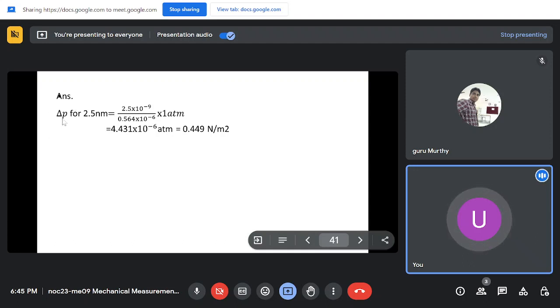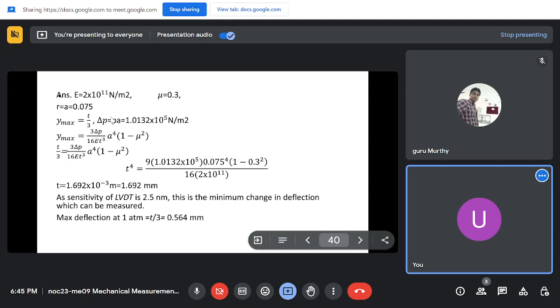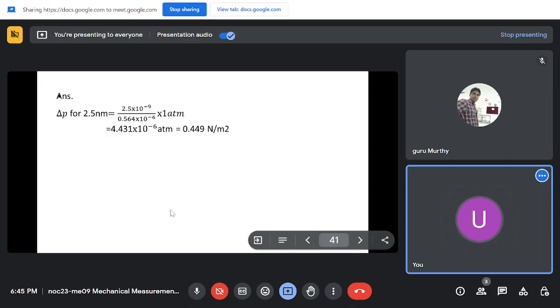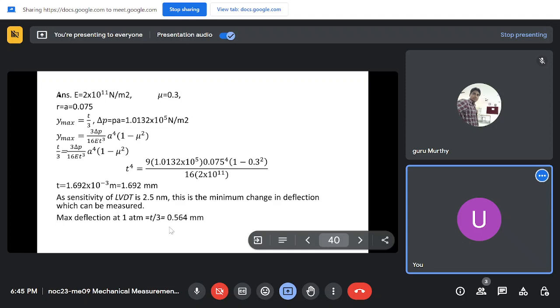So delta P for 2.5 nanometers is, so this is deflection. We know the maximum deflection which can go through is 0.564 mm, which is calculated for an atmosphere of 1.013 into 10 power 5.